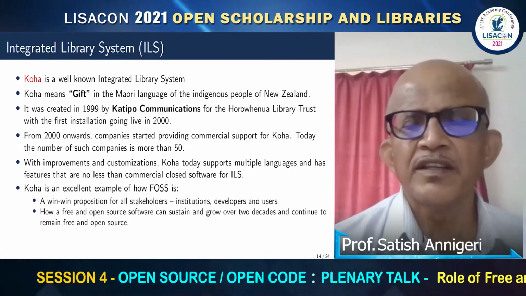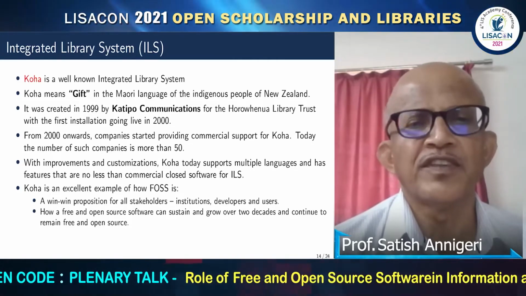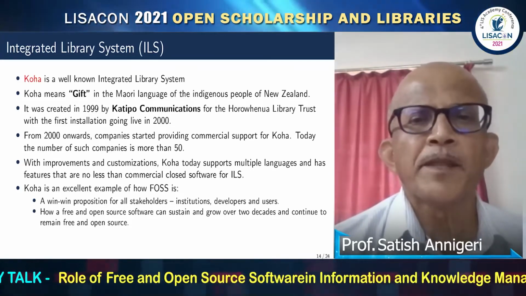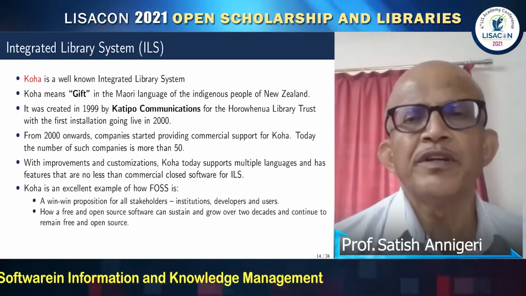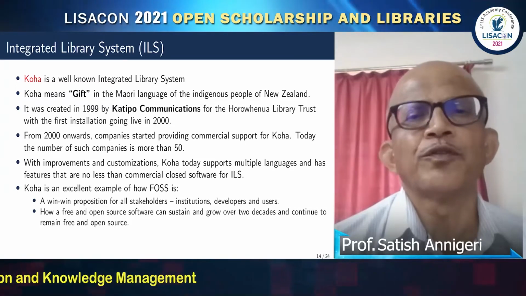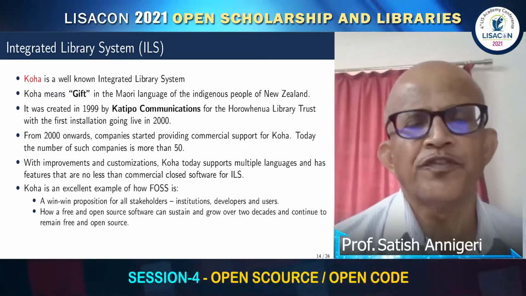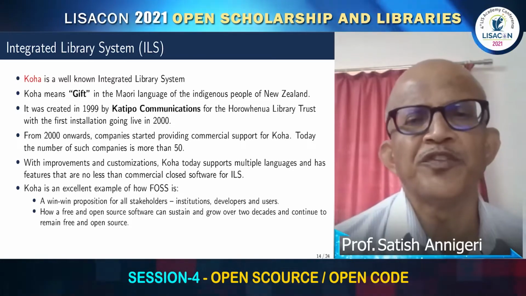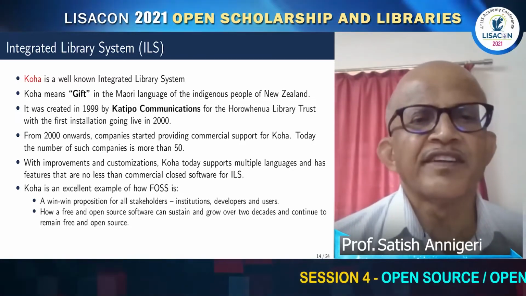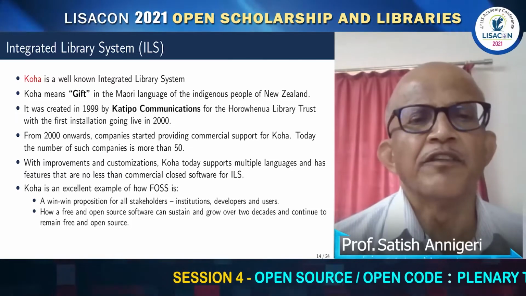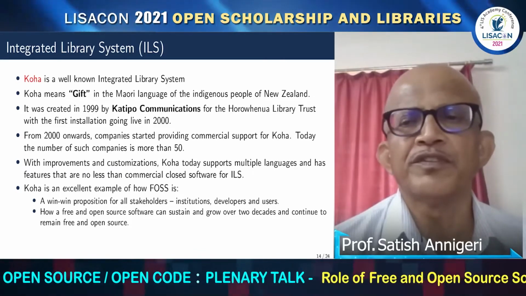You can see that the advantage of the free and open source software is that if any company makes an improvement or a customization, that improvement is available to all users of Koha, because the definition of free and open source software ensures that improvements made are given back to the community. Koha is an excellent example of how FOSS is a win-win proposition for all stakeholders, be it institutions, developers, or users.